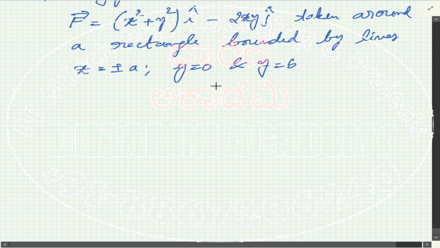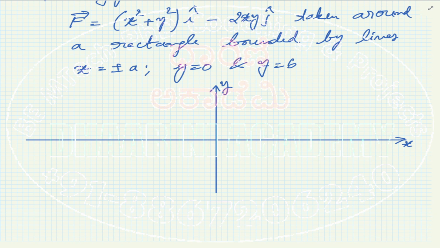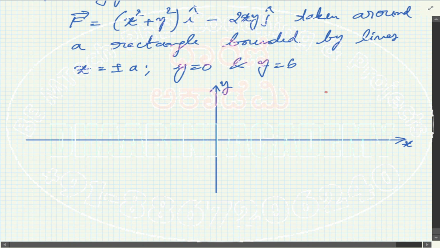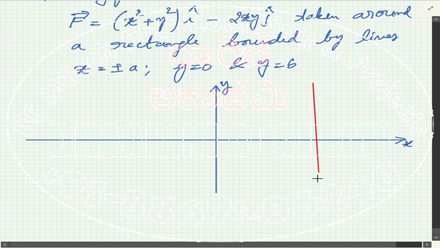Say like this. Now this is the x-axis, say this is the y-axis. It says that there are two lines, x equal to plus or minus a. Let us say this is the line corresponding to x equal to plus a.